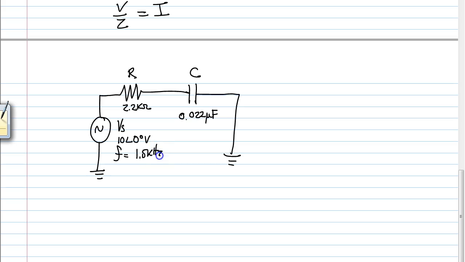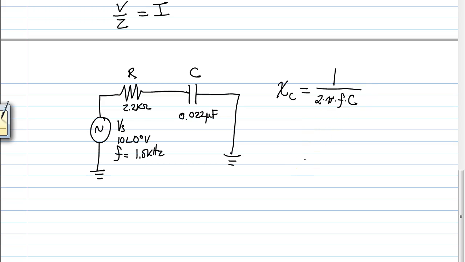Why frequency? Well, because I didn't give you the capacitive reactance. And if you don't know what the capacitive reactance is, but you know what the capacitance is, which is usually the case, then you can compute the capacitive reactance using the formula. Now, the formula for capacitive reactance, it's a good one to have memorized by now, but if you don't have it memorized, it's X of C is equal to 1 over 2 times pi times the frequency times capacitance.